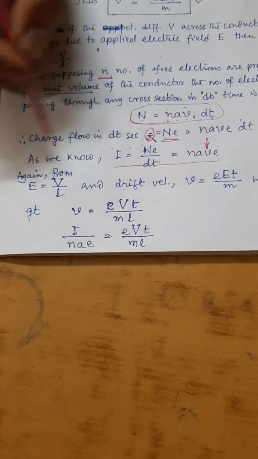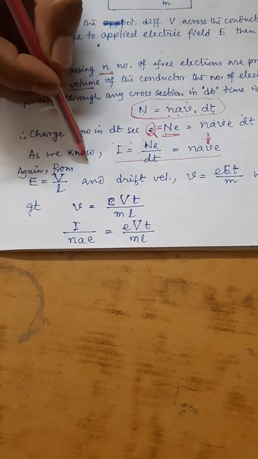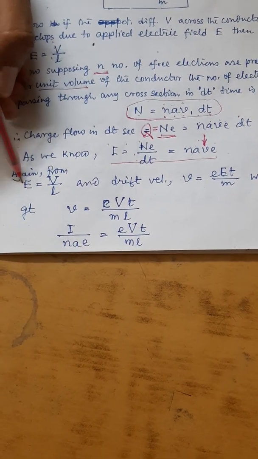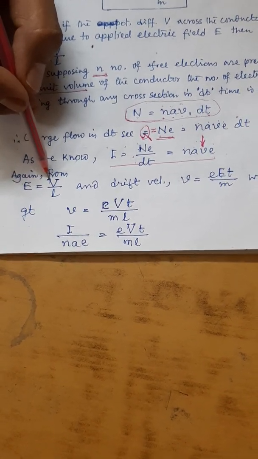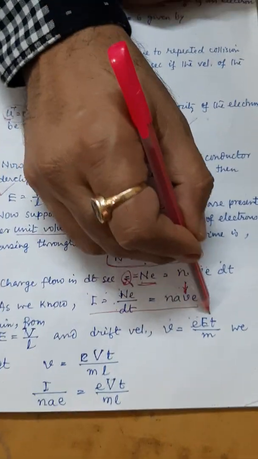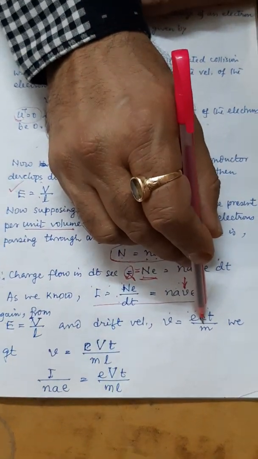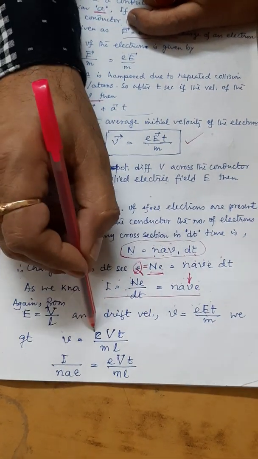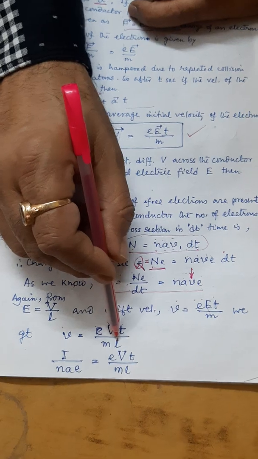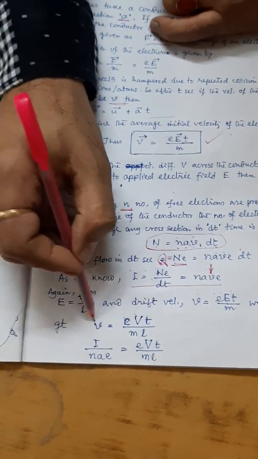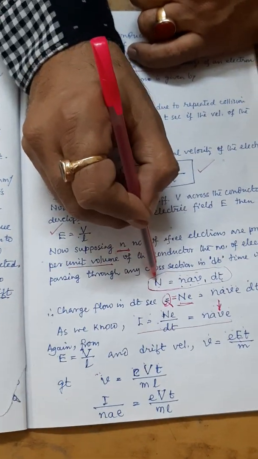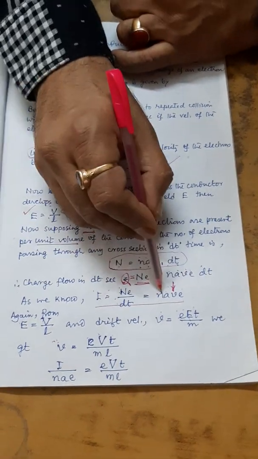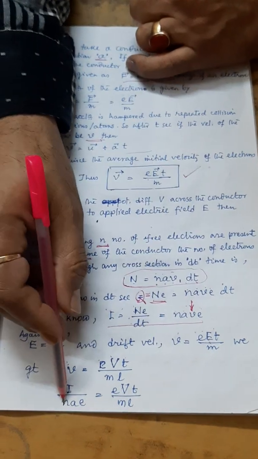Now we have another interesting conclusion here. E is equal to V by L, which we already had, and the drift velocity v is equal to eEt by m, which was obtained earlier. So the drift velocity will become eVt by mL. This can also be represented as I by nAe.